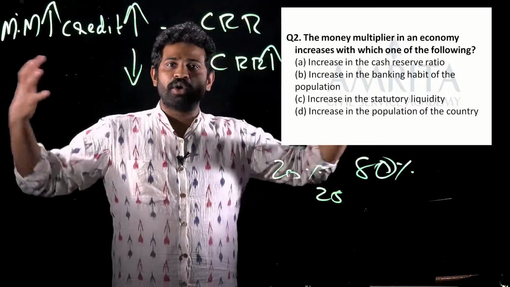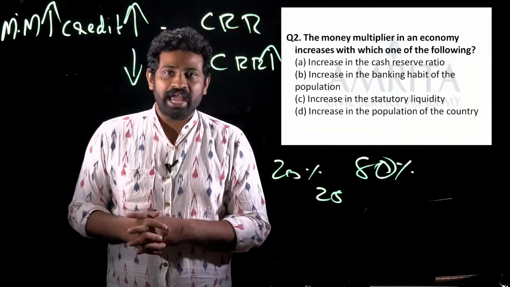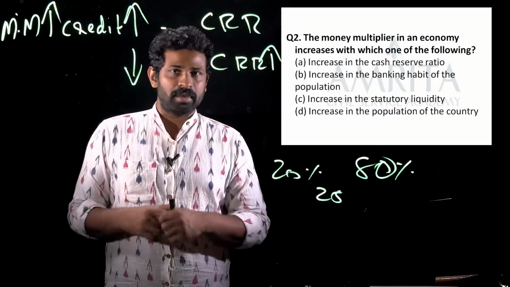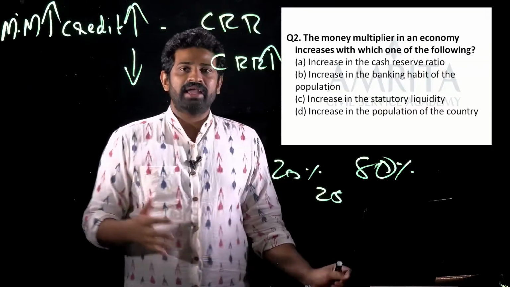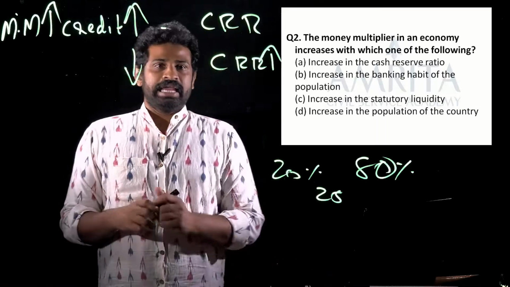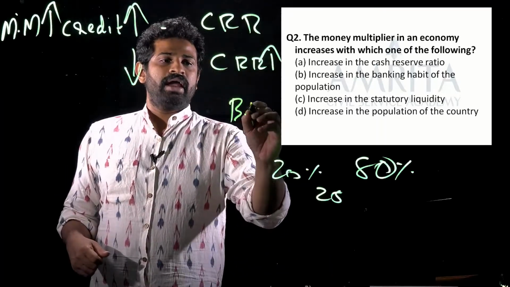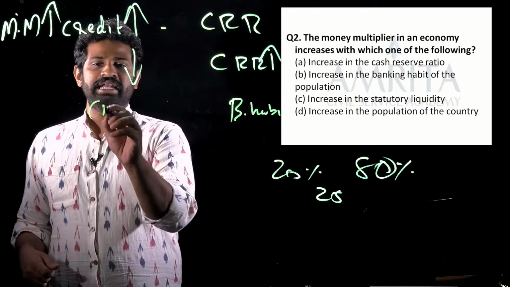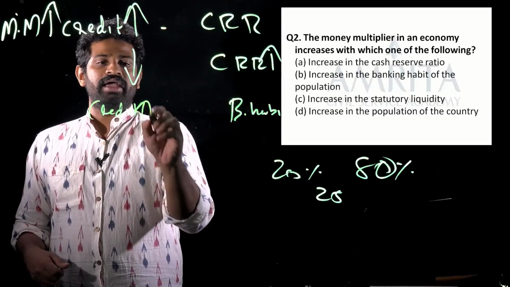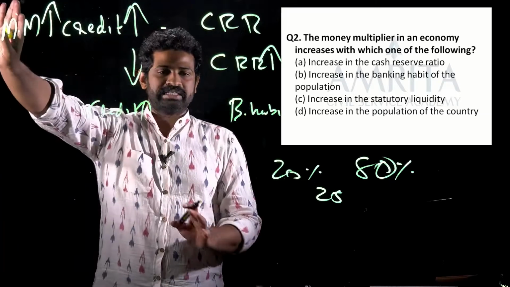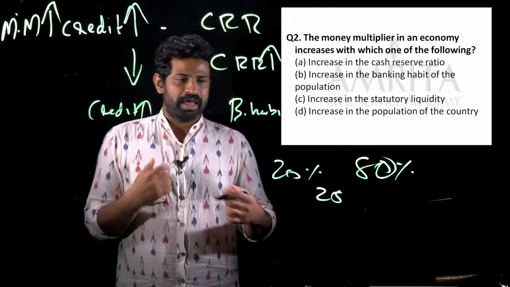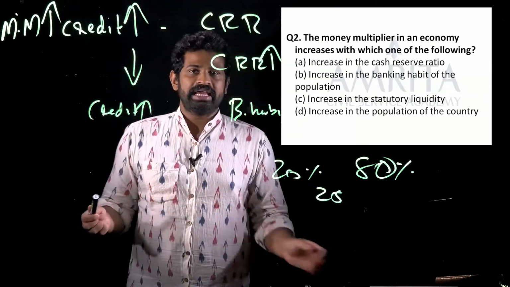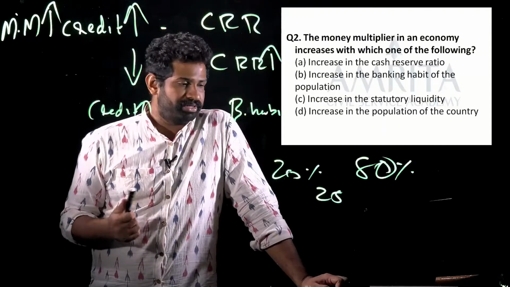That means banks are going to sit over a lot of cash, which they can give out in the market. So an increase in the banking habit of the population is definitely going to increase the credit supply, or, associated with that, the logic of the money multiplier. The money multiplier should increase with an increase in banking habit.